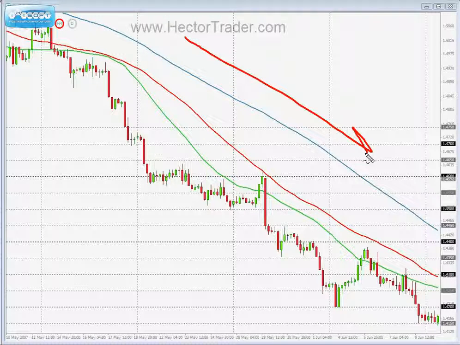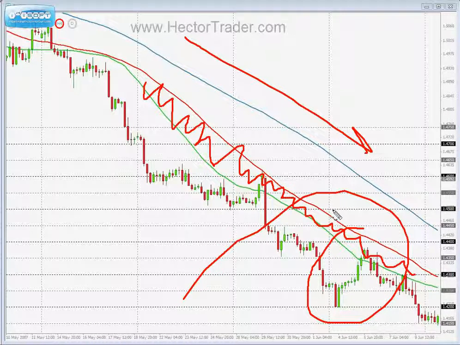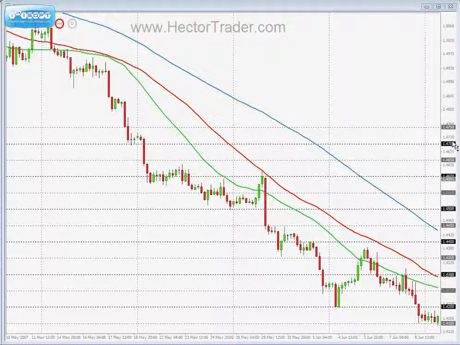Clear downtrend, beautiful downtrend, moving average formation, very clear dynamic area of resistance in this case. We are going to be looking into this swing, by the way, guys. Price nowhere near the 100 moving average, etc. Why?